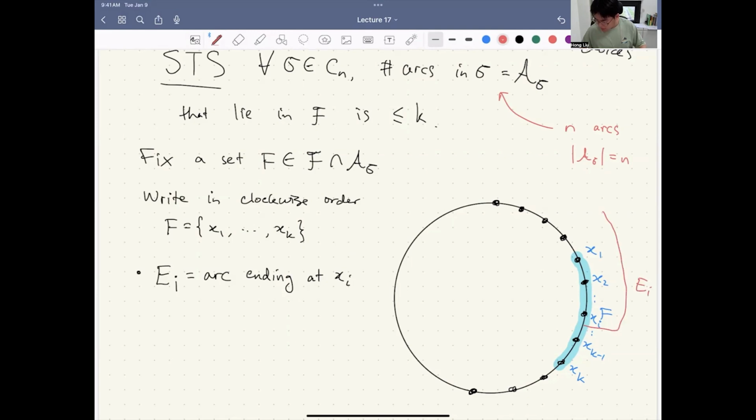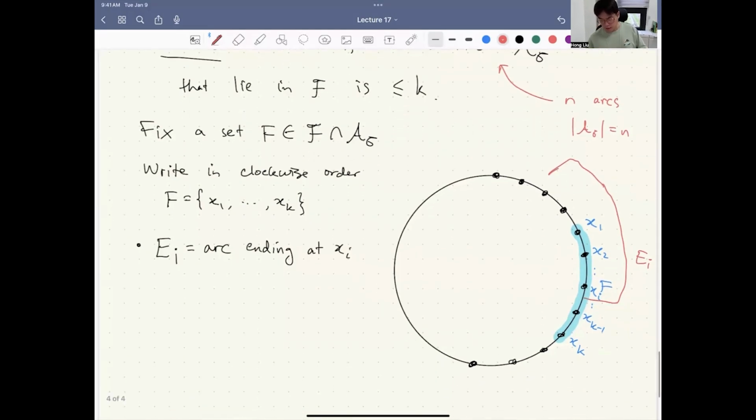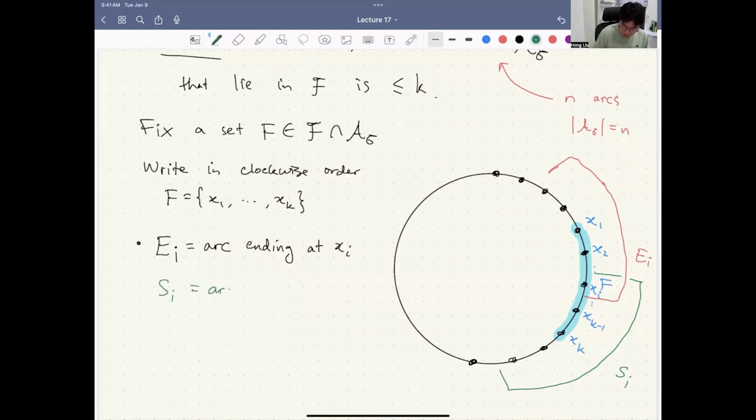This is my Ei. The arc that ends at xi, that's Ei. And the arc that starts at xi, I call it Si. So S stands for start, E stands for end. So Si is the arc starting at xi.